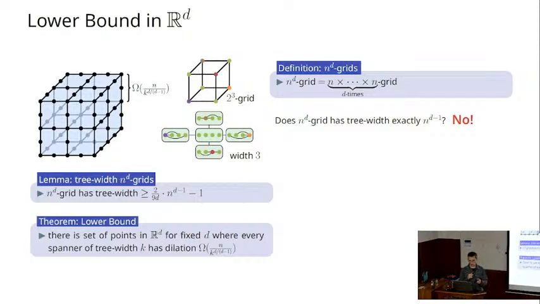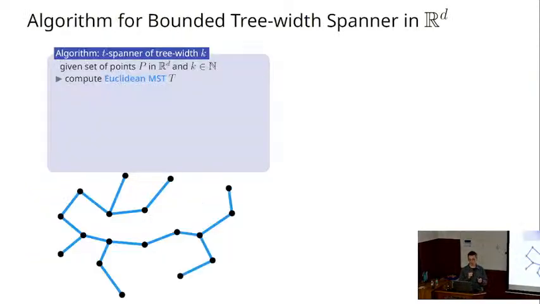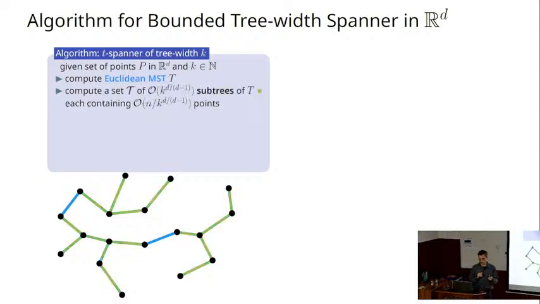And now let me show you an algorithm that matches this lower bound. So you start with the Euclidean minimum spanning tree. You compute a set of subtrees, each having at most this size and this number of subtrees. Now we look at the orange vertices, which are the ones that are incident to the edges that are removed by going to those subtrees.